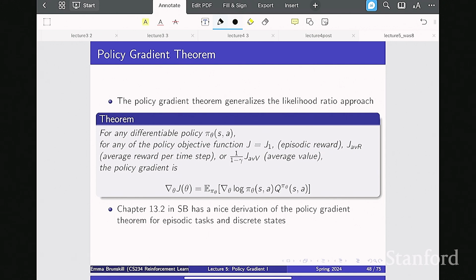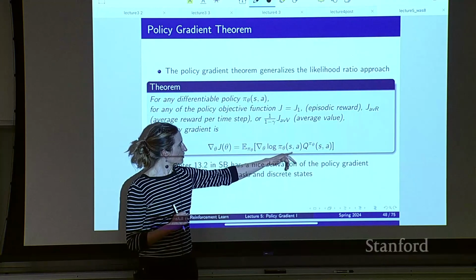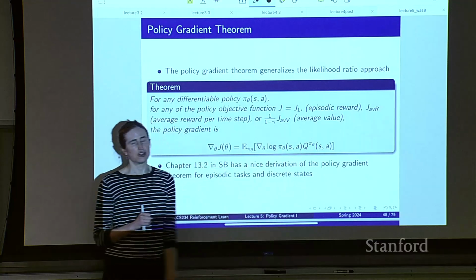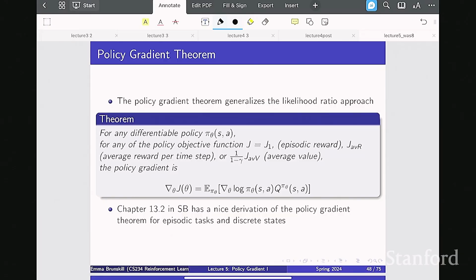In all of these cases, we end up writing something that looks really similar to the equation I showed you before: the derivative of these value functions is going to look something like the expected value over the trajectories you're going to get of the derivative of the log of the policy parameters times the Q function, or the return for that particular state action pair following the policy.